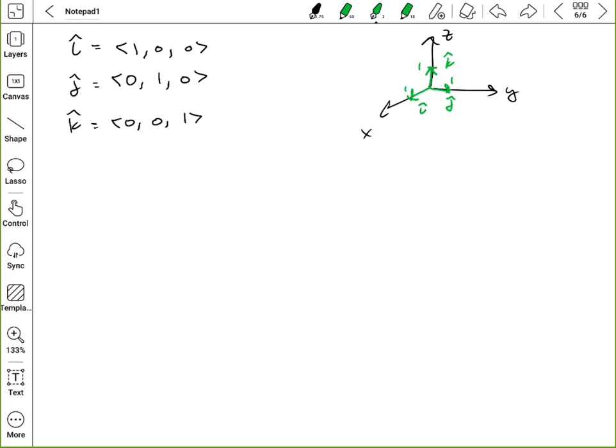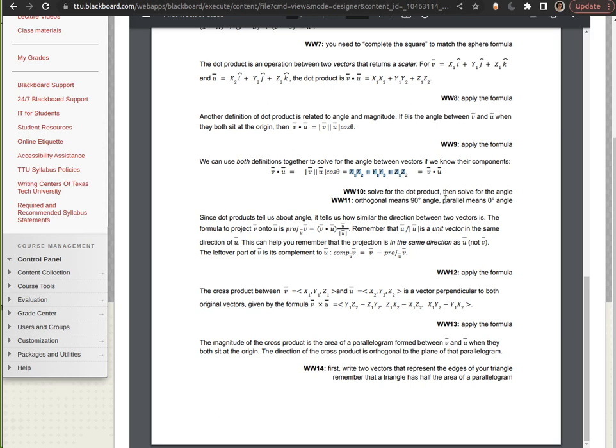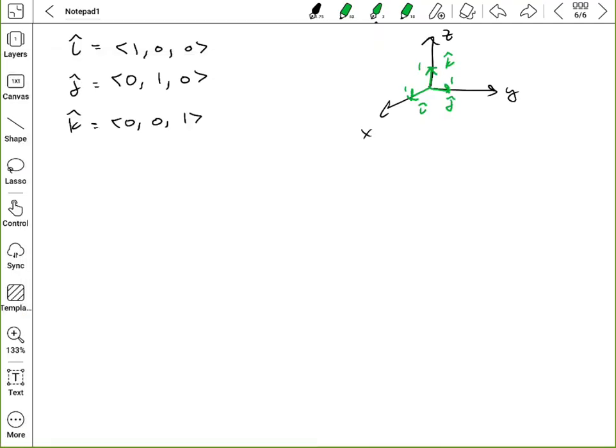So when you're doing their cross products, you can kind of reason through using this idea. The direction of the cross product is orthogonal to the plane of the parallelogram formed between them, and the magnitude is the area of the parallelogram formed between them. So for example, if I was looking at i hat cross k hat, I've got my k hat right here and my i hat right there.